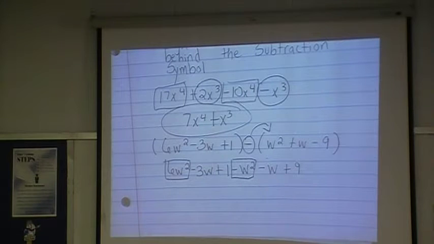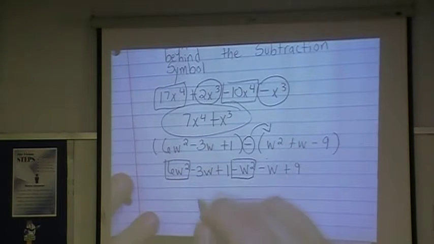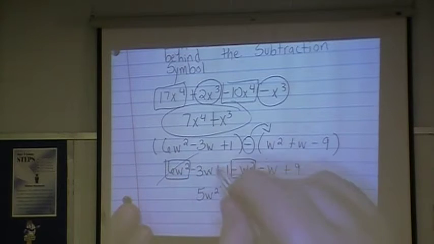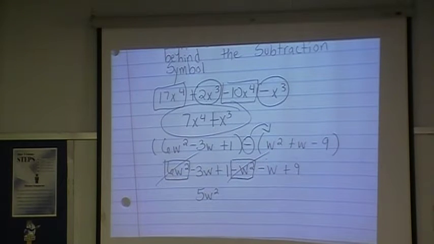So 6w squared minus w squared is 5w squared. If I have a long line of them, I mark out, so I don't have to worry. I don't want to keep staring at stuff.